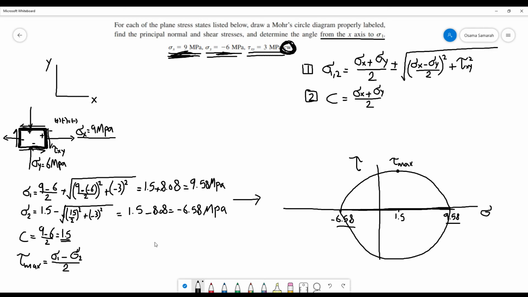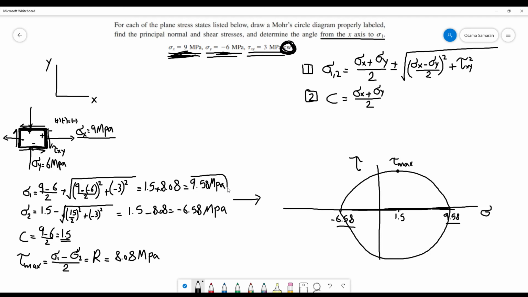And if you divide the diameter by 2, you're going to find the radius of Mohr's circle, which in this case is going to be equal to 8.08 megapascals.